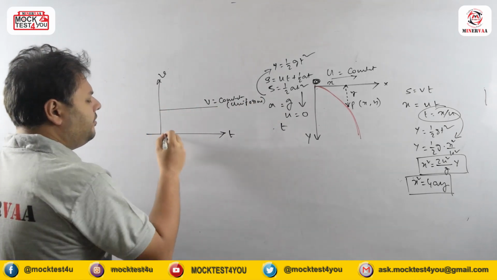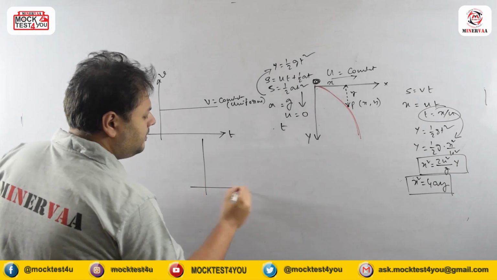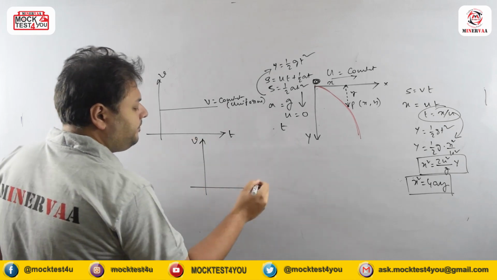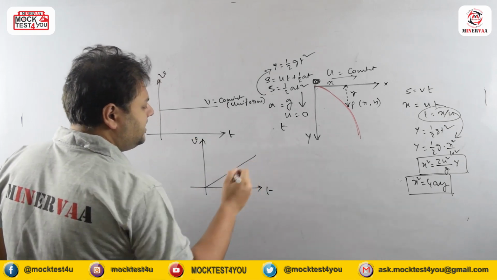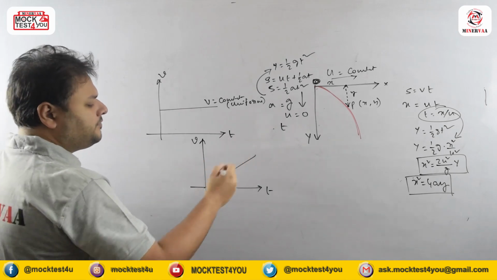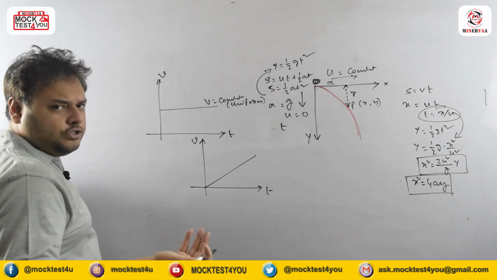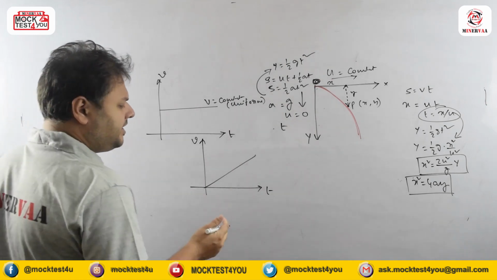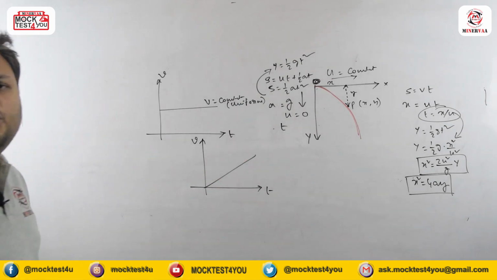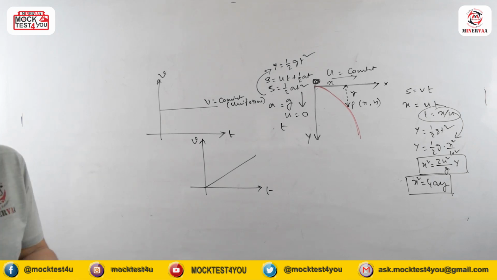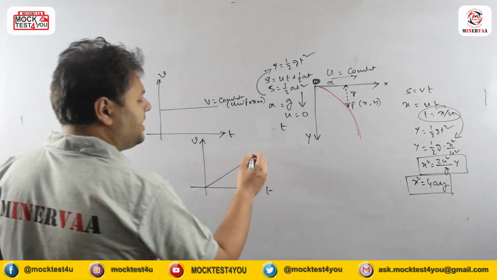Now here we draw another graph. This is the nature of the graph, so naturally a slope is there, tan theta is there, and the slope of a velocity time graph is acceleration. The slope of a straight line must be a constant, so it should be called a uniform acceleration.